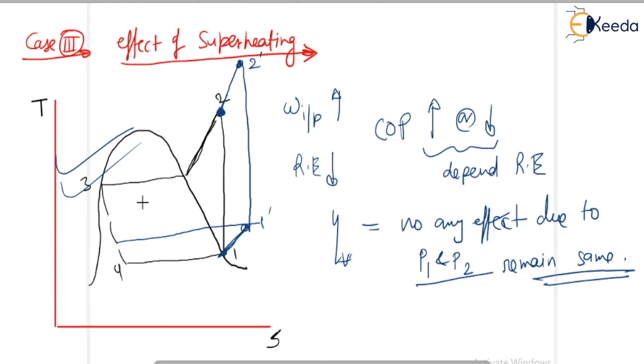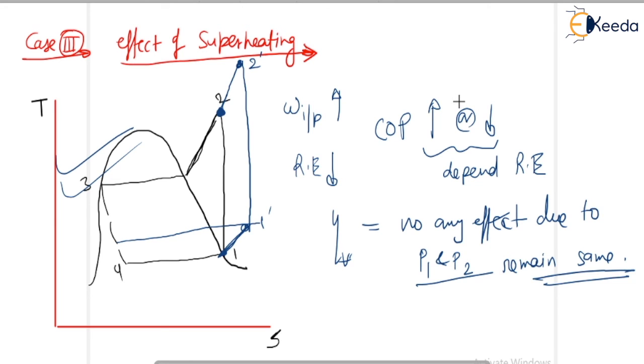And as compared to this refrigeration effect and work input ratio, our COP is going to increase or decrease, and volumetric efficiency also. So my dear friends, this is our last lecture on the effect of superheating and the effect of increment or decrement of pressure.